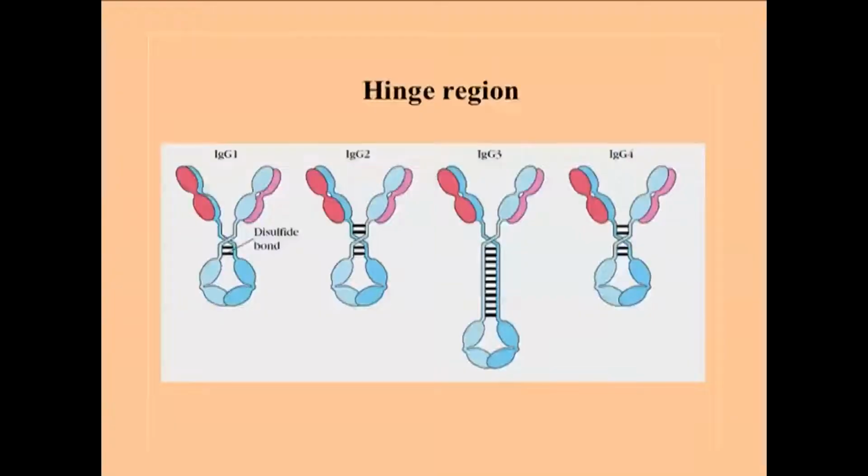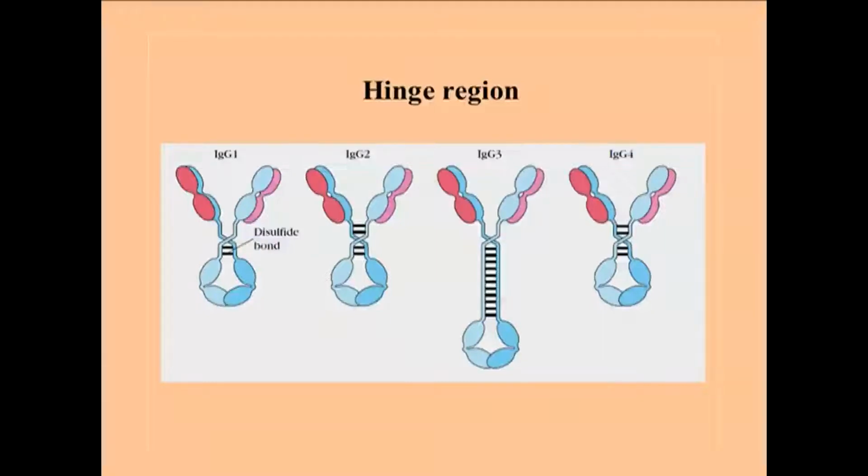Now, depending on the length of the hinge region and the number of disulphide linkages, the IgG isotype can be divided into many sub-isotypes. The disulphide linkages are formed between cysteine residues present on both the heavy chains. The IgG isotype is divided into 4 sub-isotypes, IgG 1, 2, 3 and 4.